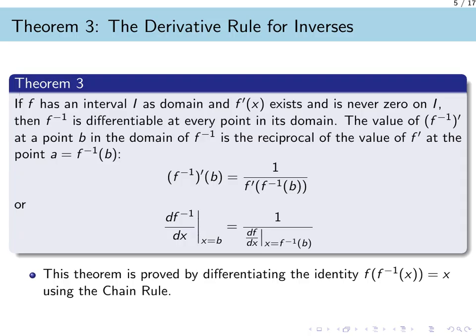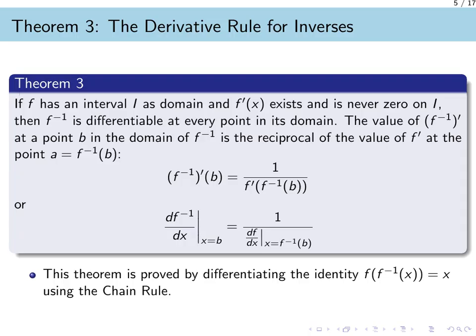This rule, called the derivative rule for inverses, states that if a function is differentiable and its derivative is never 0 on an interval, then its inverse is also differentiable. The key insight is that the derivative of the inverse function at an output value, let us call it b, is the reciprocal of the original function's derivative. Critically, we must evaluate the original derivative at the corresponding input point, a, which is f inverse of b.